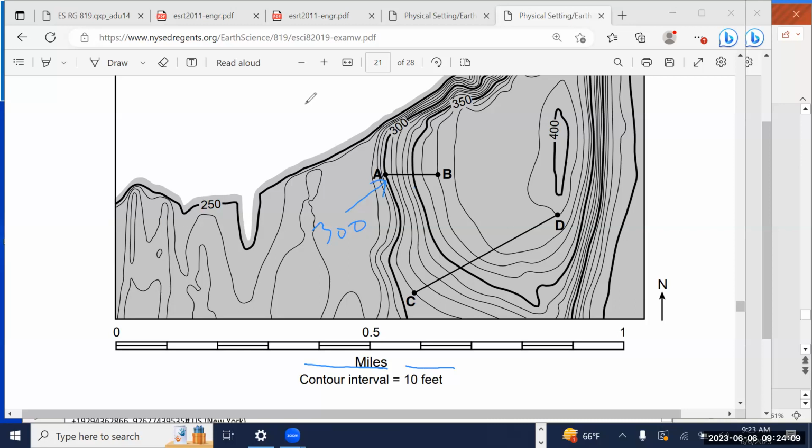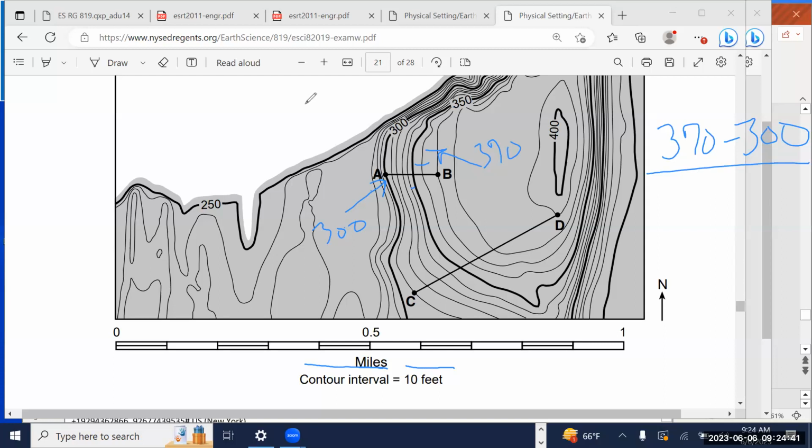And so if this is 350, and each line is going up by 10, this line is 360, and B ends up being 370. So A is 300, and B is 370, okay? So I already know the first part of my problem. I already know that it is going to be 370 minus 300 for the change in field value.